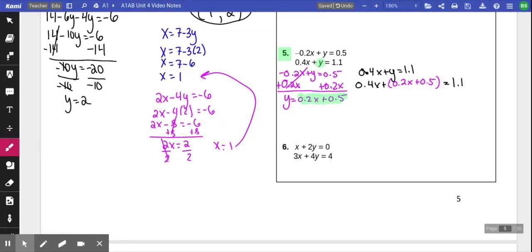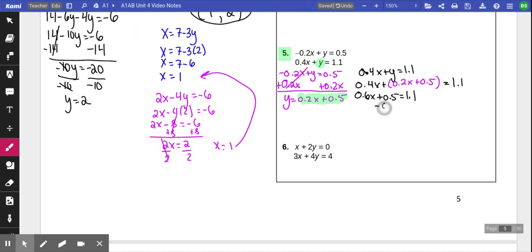The reason I'm putting it in parentheses is just in case there's a minus. If this was minus y, then you'd have to distribute the negative, the subtraction, into the entire set of parentheses. So I always plug in with parentheses just in case. Here, since we're just adding, the parentheses don't mean anything to us due to the associative property of addition. So we can combine like terms on the left side, and this is 0.6x plus 0.5 is equal to 1.1.